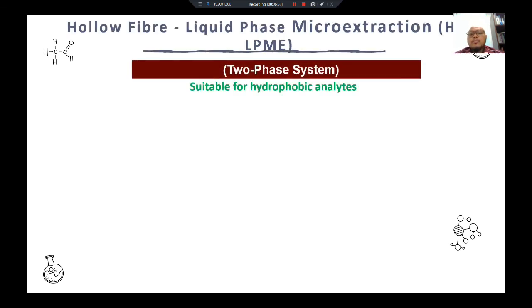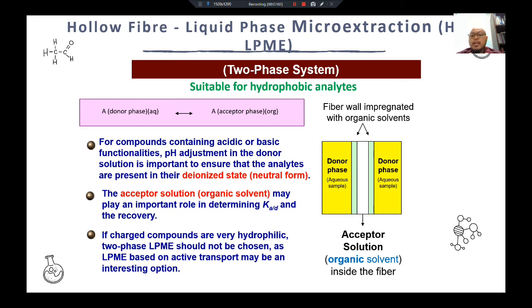Alright, here what I talked about you before this, we have two-phase system, okay, and also three-phase system. Right now I would like to explain first about the two-phase system first. Okay, the two-phase system is suitable for hydrophobic analyte, maksudnya analyte yang tak suka air lah, kalau kata sampel dia air lah, tapi dia boleh vice versa.